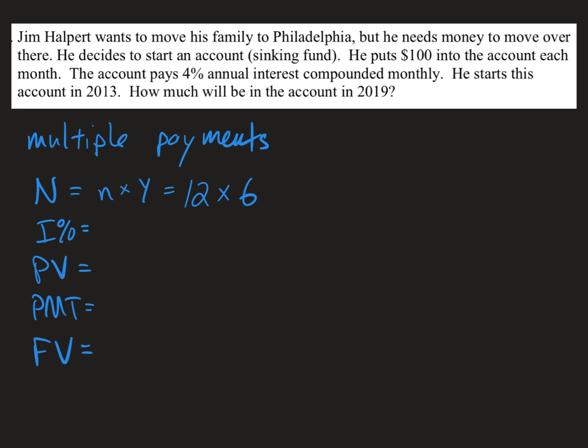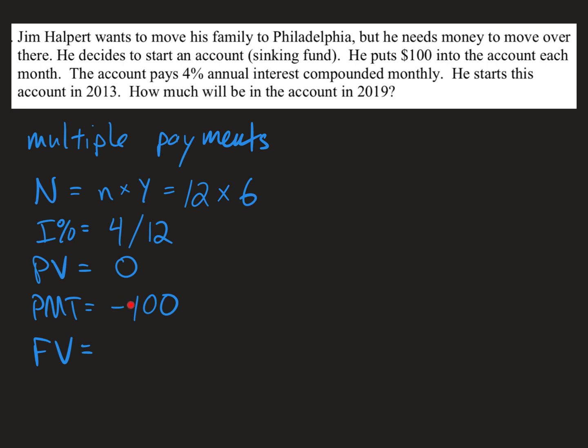I%, remember when you're using TVM solver, needs to be a percent, and you will divide it by the little n again. When starting a savings account or sinking fund, the present value is 0, and you know the payment is 100.